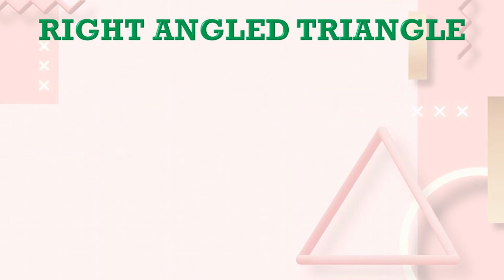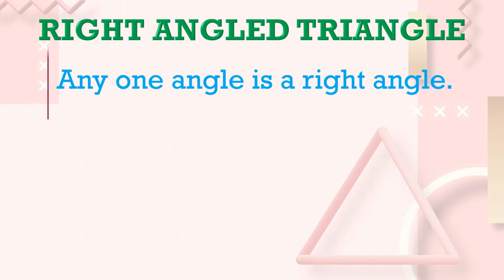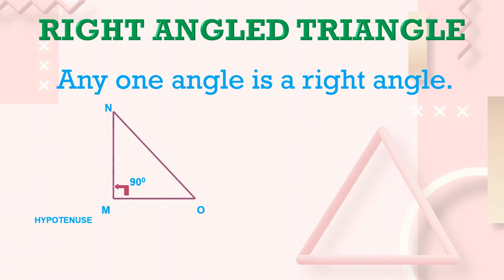Now let us see what you mean by a right angled triangle. Well, a right-angled triangle is a triangle in which any one angle is a right angle. For example, if you look at this triangle MNO, you will find that angle M is 90 degrees.